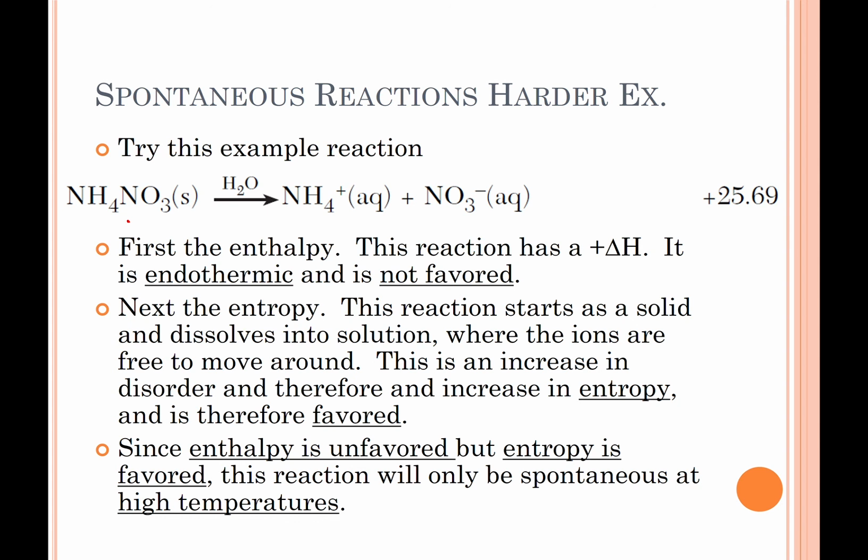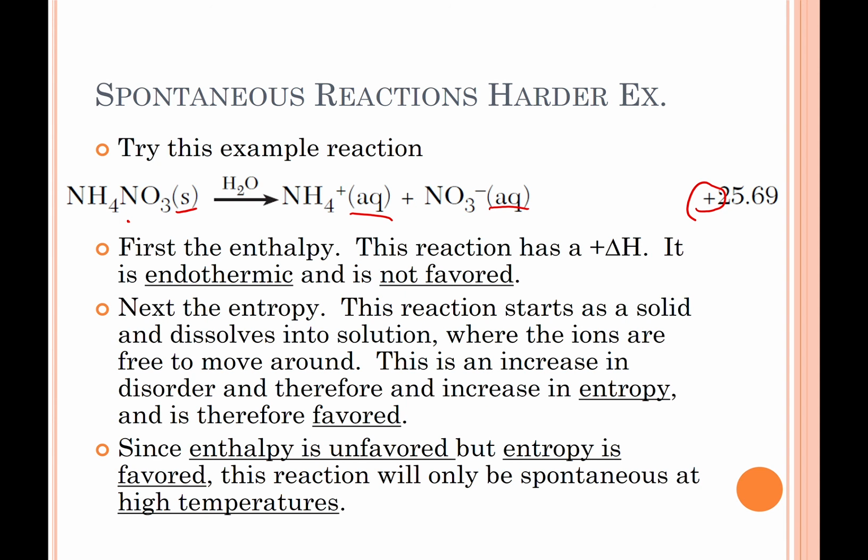For the next one, we'll look at the enthalpy first. We see we have a positive delta H value, so this reaction requires a net input of almost 26 kilojoules per mole to occur. So therefore this is not favored because it is endothermic. Looking at the entropy, we start with one solid reactant that ends up as aqueous products.